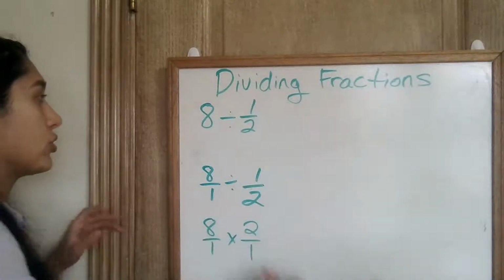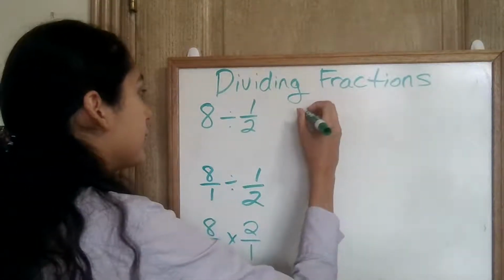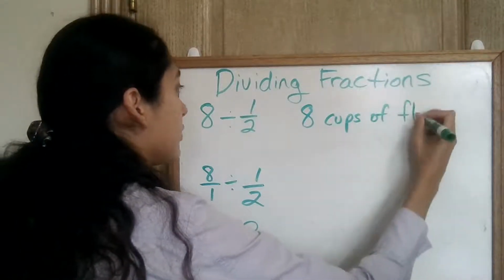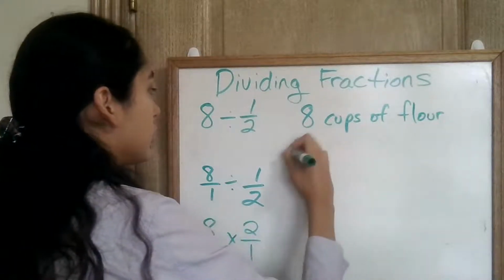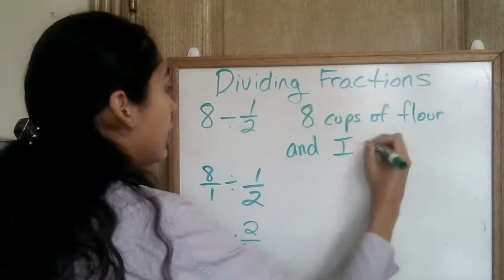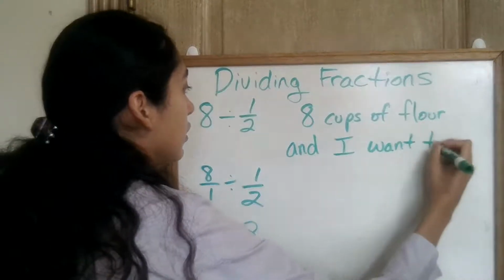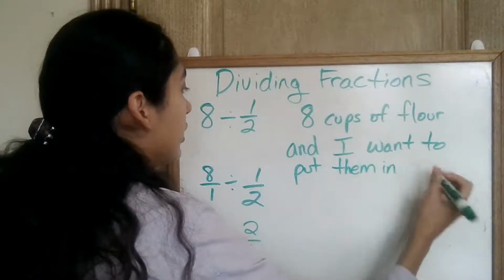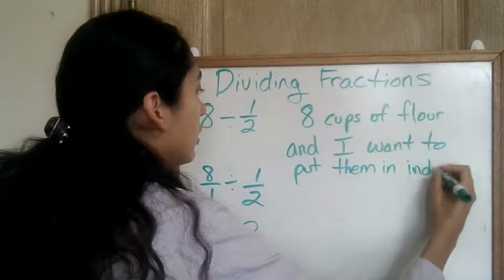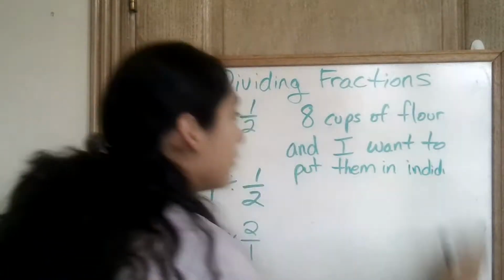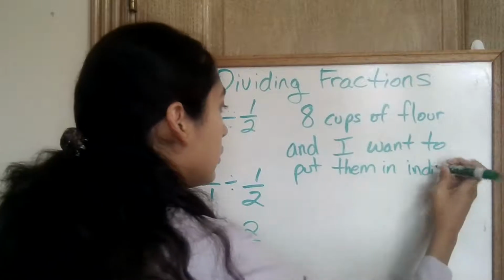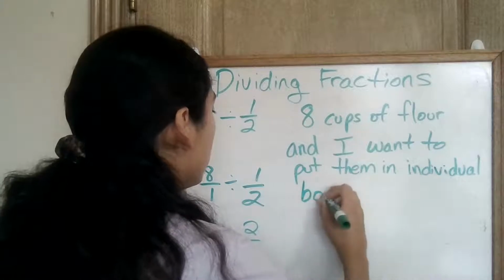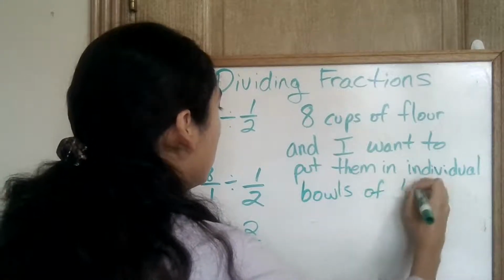So if we think of this conceptually, let's say we have 8 cups of flour, and I want to put them in individual bowls of half a cup.